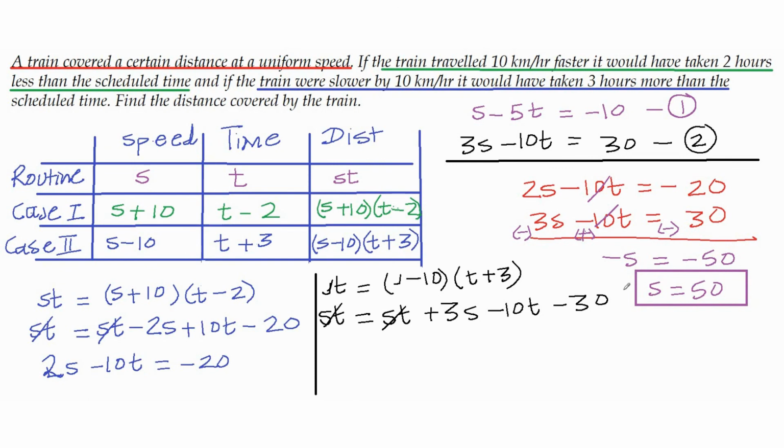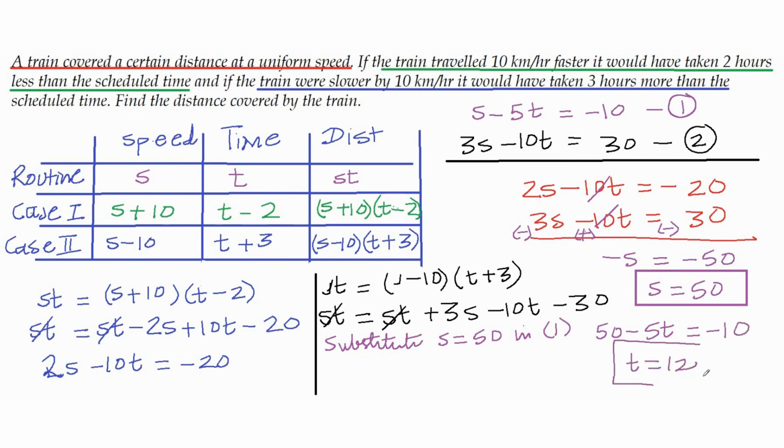And now let's find time. So substitute s equal to 50 in any of the equations. So in say equation 1, I get 50 minus 5t is equal to minus 10, which means t is equal to 12. So the time will be 12 hours, right?